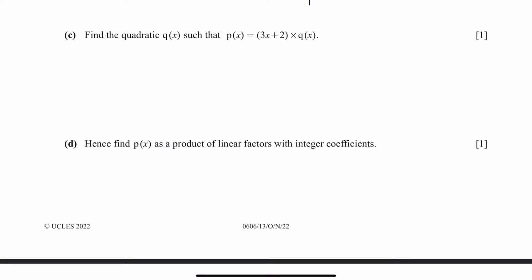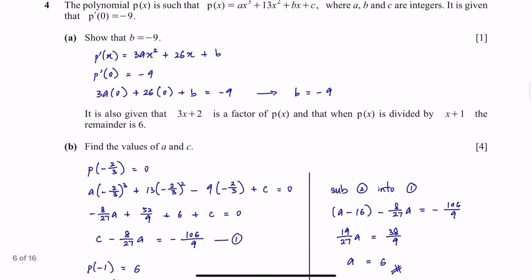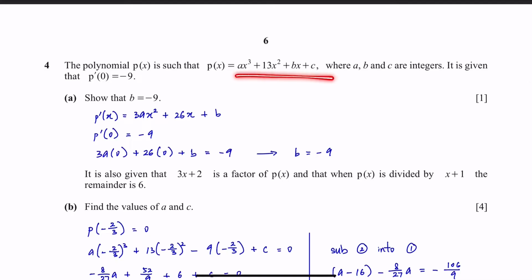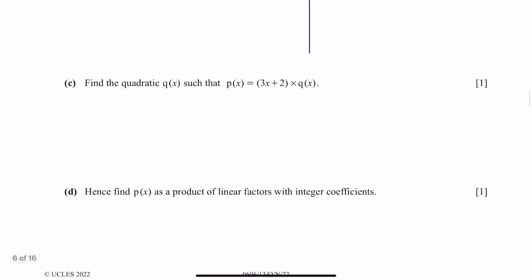So for part C, we can use long division. So we have the equation of p(x), which is 6x cubed plus 13x squared minus 9x minus 10, divided by 3x plus 2.